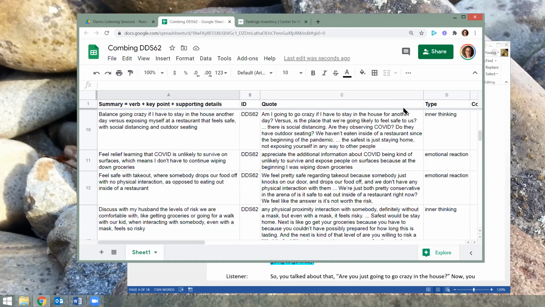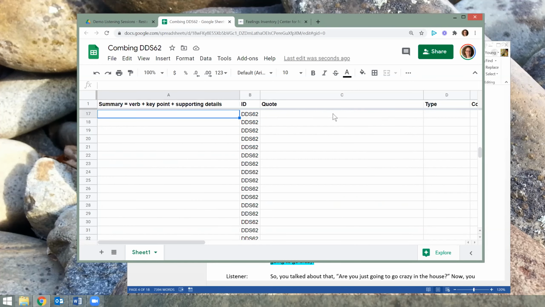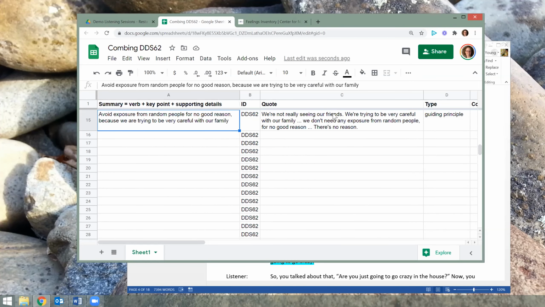that we do separately. So Balance going crazy. If I have to stay in the house another day versus exposing myself. No, I think it's a separate thing. Where are we? There we go.